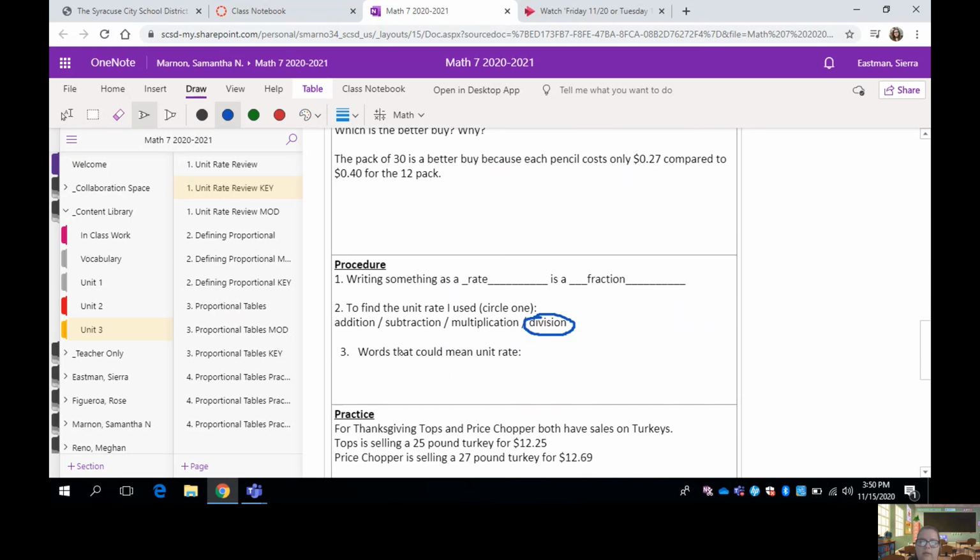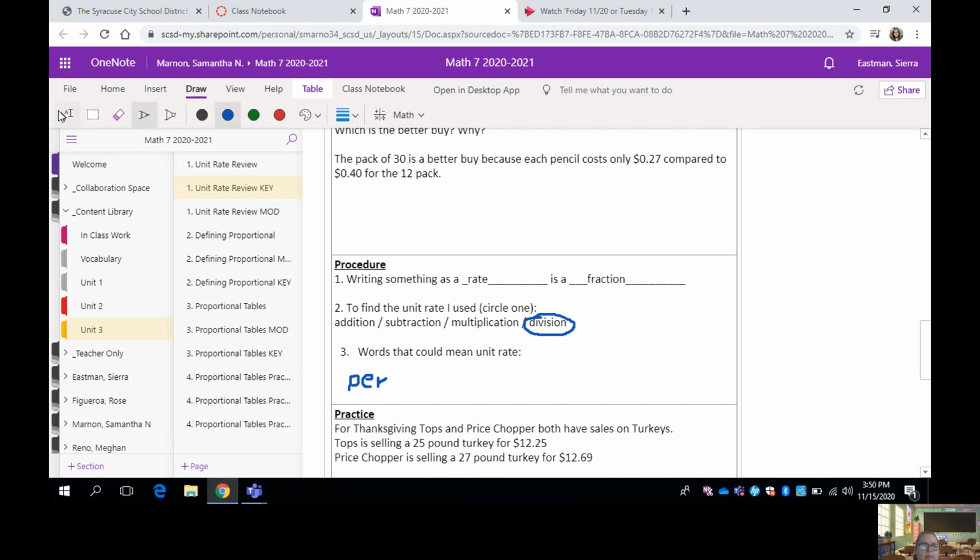And we have a couple of words here that could mean unit rate. They're not always just going to ask you for it, right? They're not going to say that right out every single time. But we know some keywords already. We know the word per.